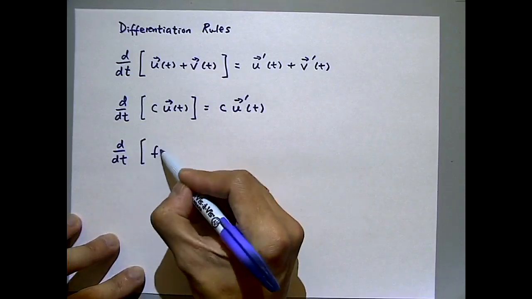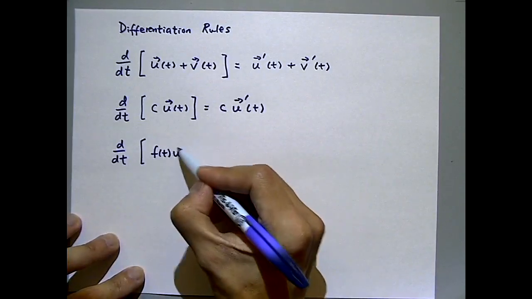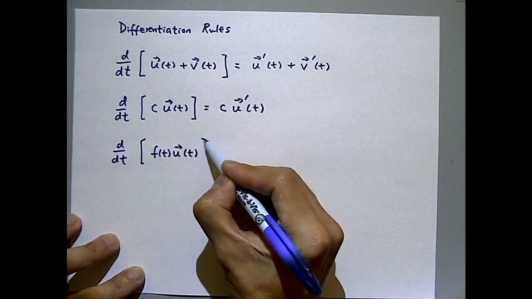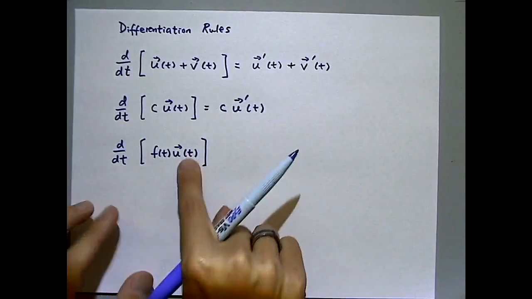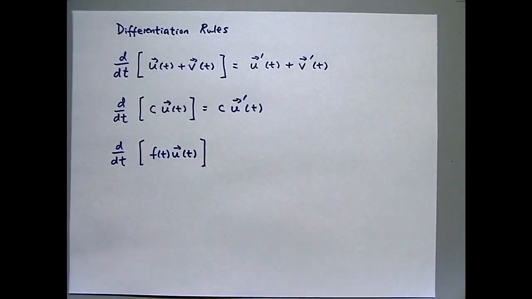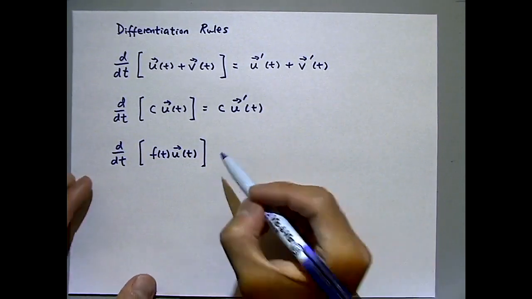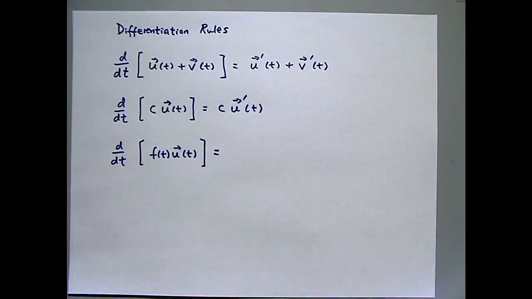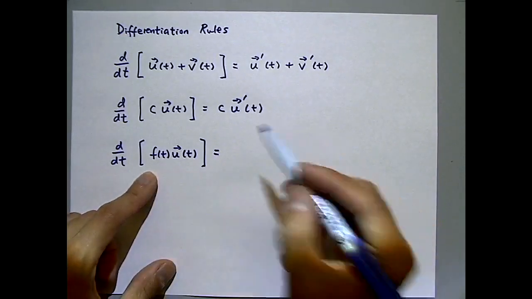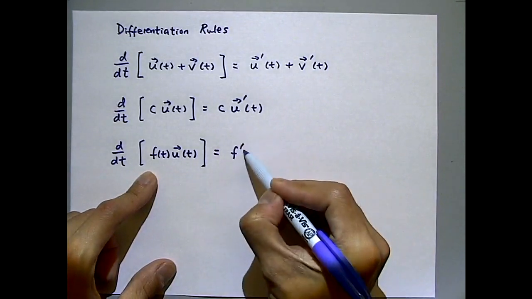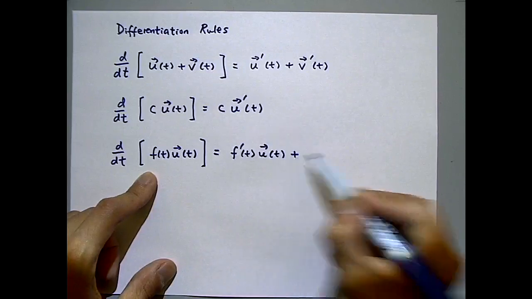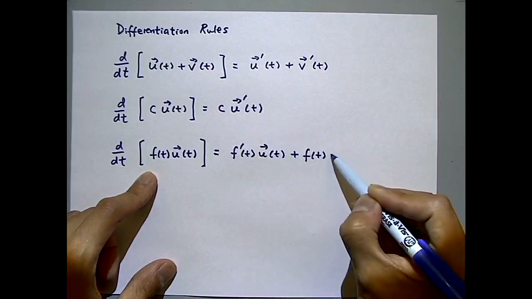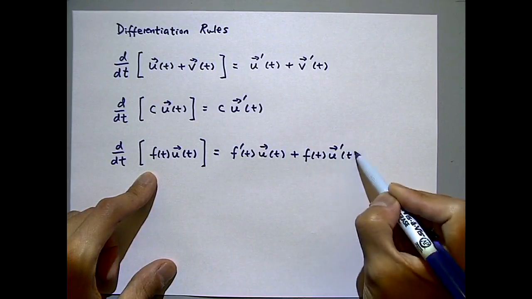If you're multiplying a vector by a scalar function, so some function f that's not necessarily a constant, times a vector. Now, this is a new situation that we haven't seen before. But the way you handle this is using the product rule. You take the derivative of f, multiply by the vector, and then you leave f alone, multiply by the derivative of the vector.